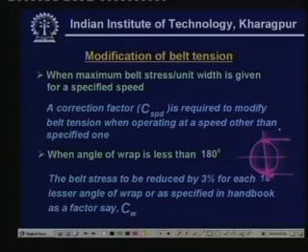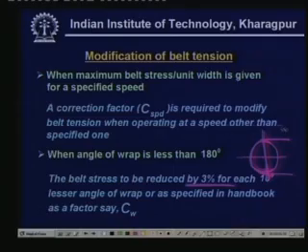Now, a very rough guideline, although you might get the exact values for this reduction: as a thumb rule, one can think of the belt stress being reduced by 3% for each 10 degrees of lesser angle of wrap, or specified in the handbook by a factor CW.